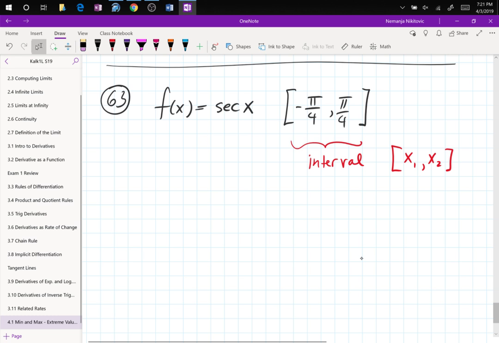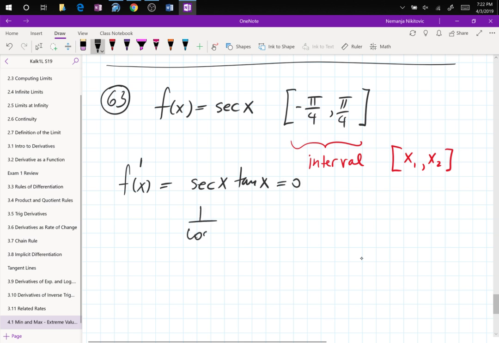All right. The derivative is tangent x. Good. Now we set that equal to 0.